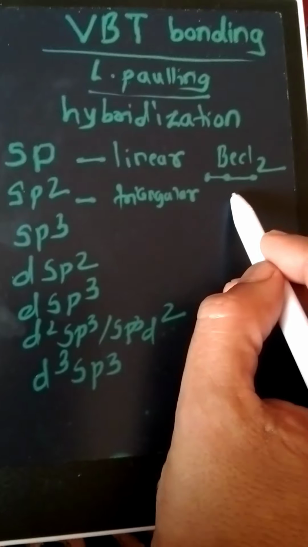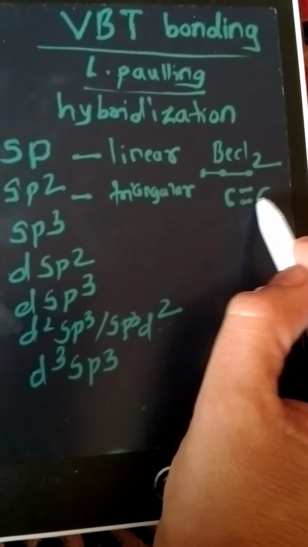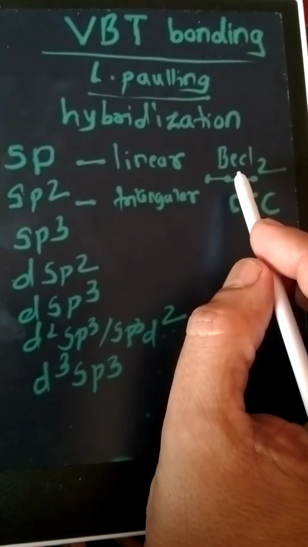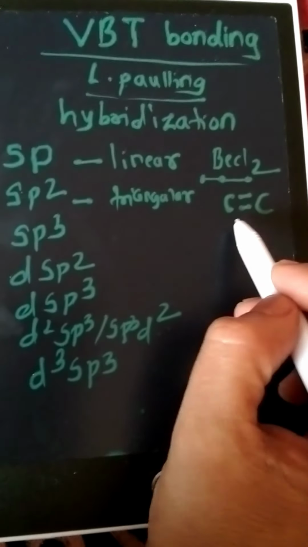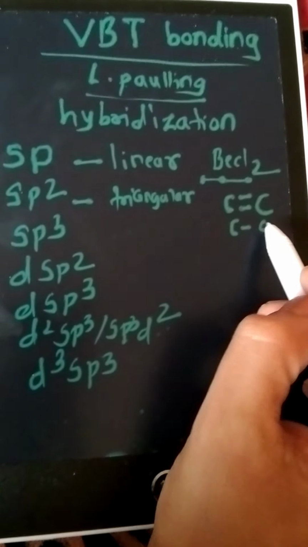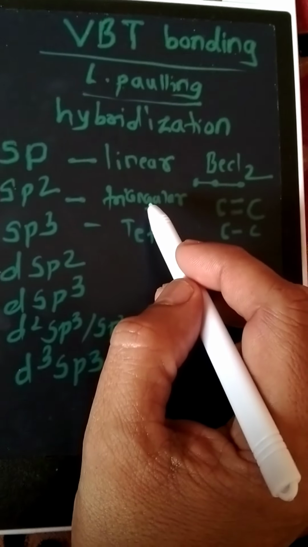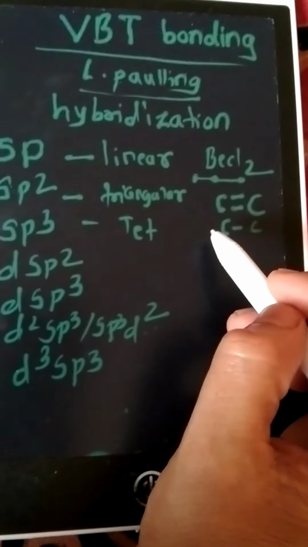Double bonded compounds contain sp2 hybridization; carbon-carbon double bonds also contain sp2 hybridization. The triple bonds contain sp hybridization. Single bonded carbon atoms contain sp3 hybridization, with tetrahedral structure. The bond angle for triangular shapes is 120 degrees and for tetrahedral 109 degrees. These are the standard bond angles.